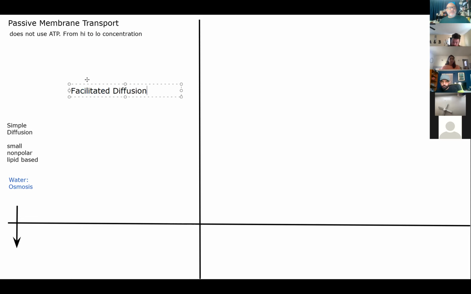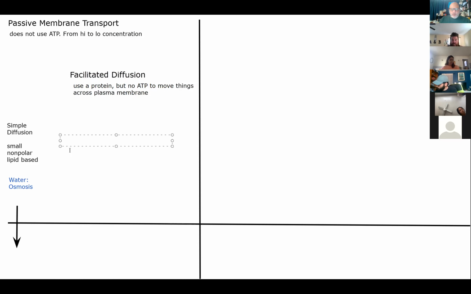So facilitated diffusion is where we use a protein but no ATP to move things across the plasma membrane. And there are basically two different types of facilitated diffusion. The first are what we've already talked about, are channels.